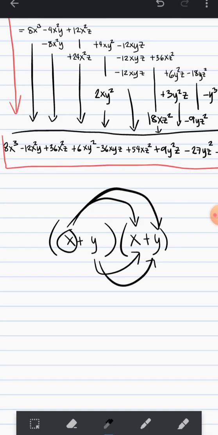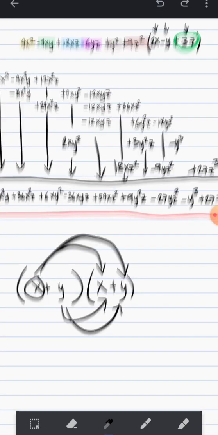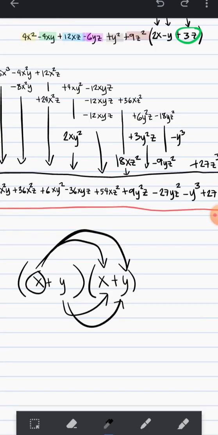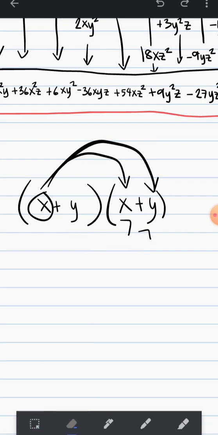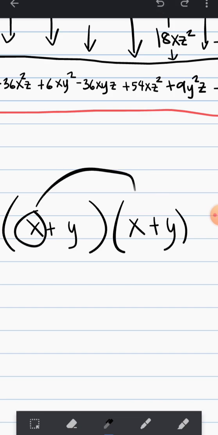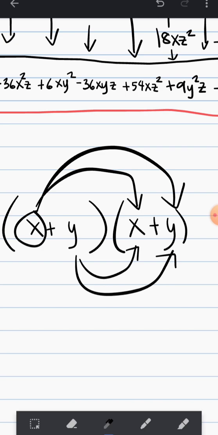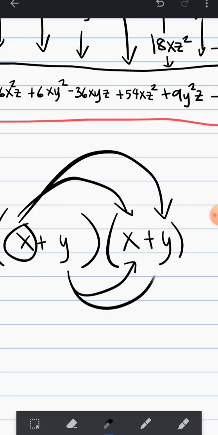Because with polynomials like these, the FOIL method they taught you will no longer work. So the idea is basically distribution: distribute x to the two terms, then y to each, and simplify.